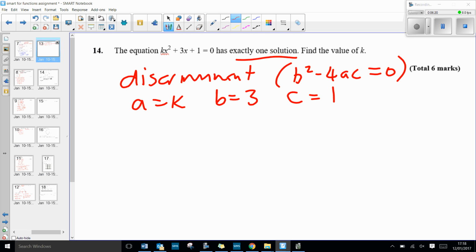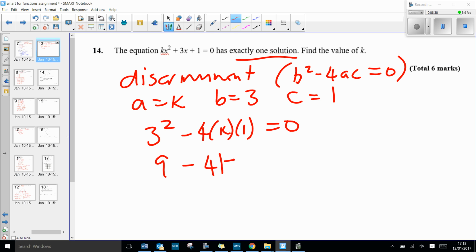So 3 squared minus 4 times k times 1 has to be equal to 0. So 9 equals 4k. Okay.